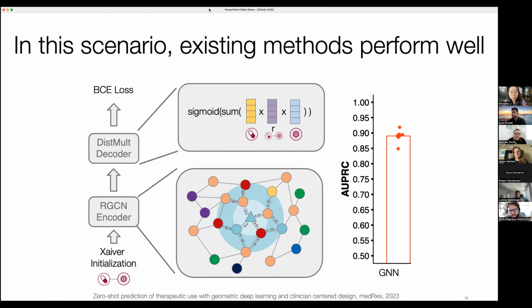We can see that under this regime, where the diseases the model is asked to reason about at test time are diseases the model has already seen during training time, many established methods already perform really well.